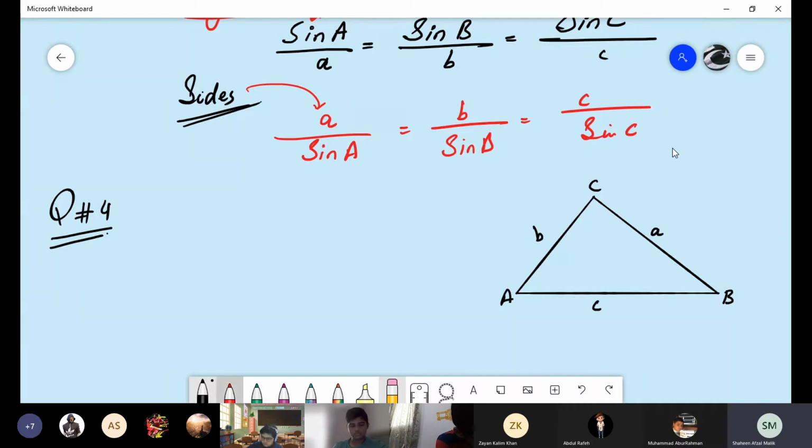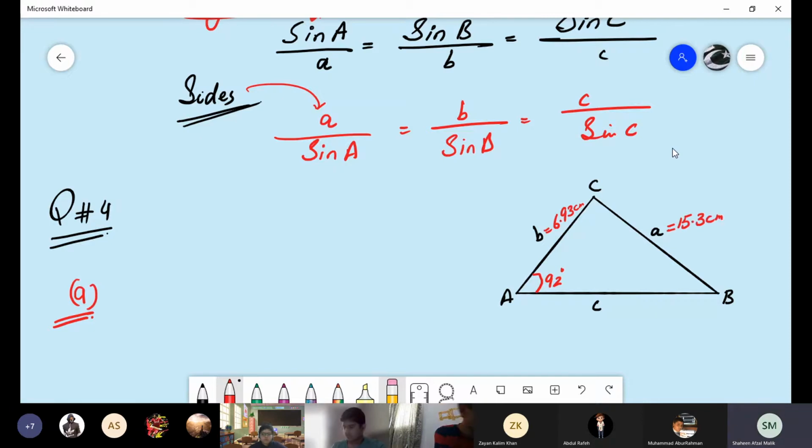Read part A of the question. One angle is given to you. Angle A is 92 degrees. Side b is 6.93 centimeters, and side a is 15.3 centimeters.